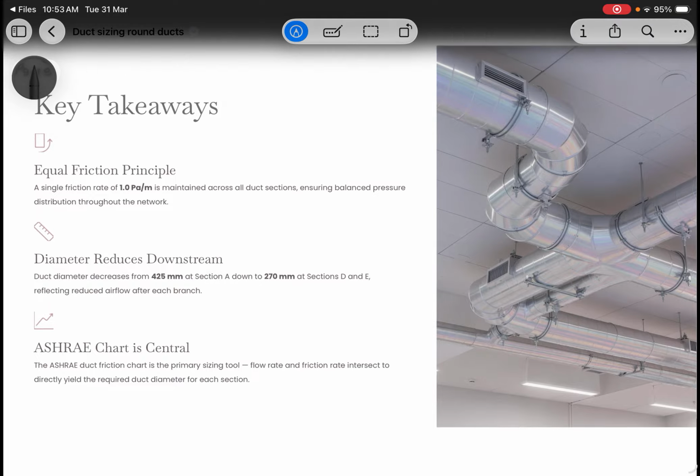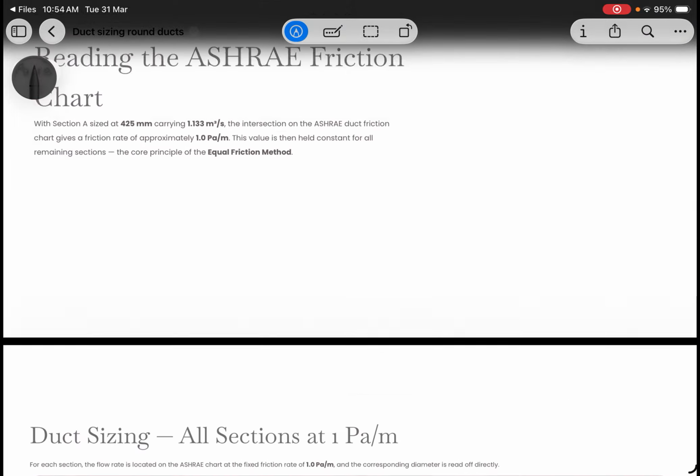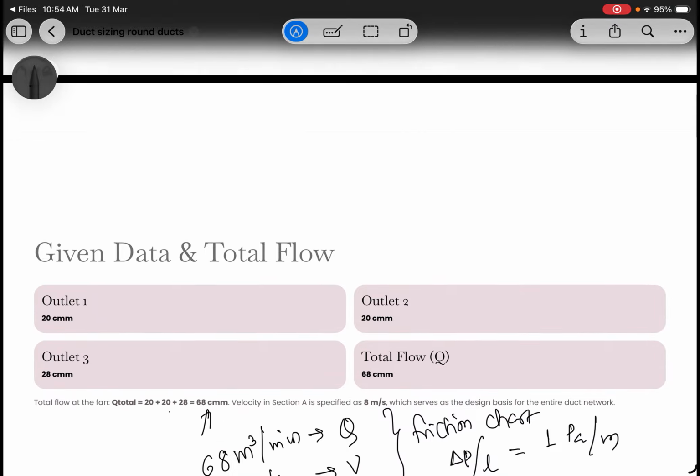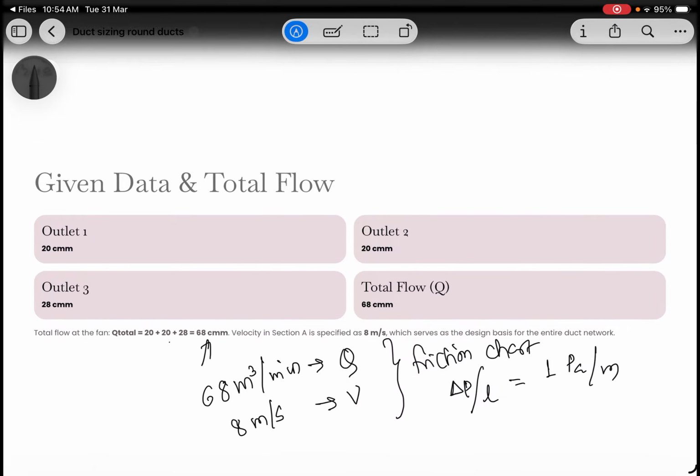The friction chart would have different parameters, like the friction rate and the flow rate, and from that you can calculate the diameter for a given velocity.